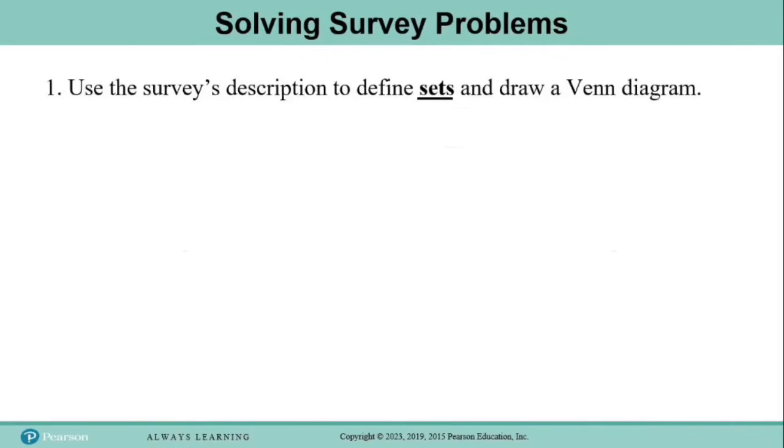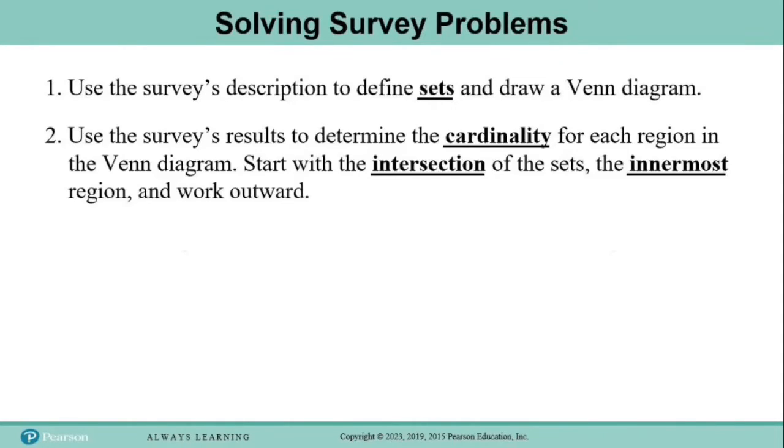Okay, now we're ready to use the survey's description to draw our own Venn diagram and answer some questions about the survey. So here's what we're going to be doing in the next couple of examples. We're going to use the survey's description to define sets, so we'll have to figure out what the sets are, and then we'll draw the Venn diagram. We'll use the survey's results to determine the cardinality for each region in the Venn diagram, in other words, the number of respondents that fall into each region.